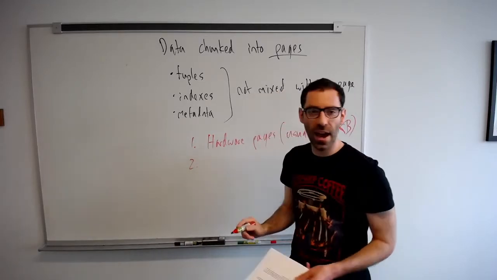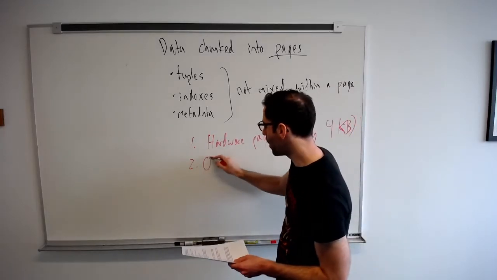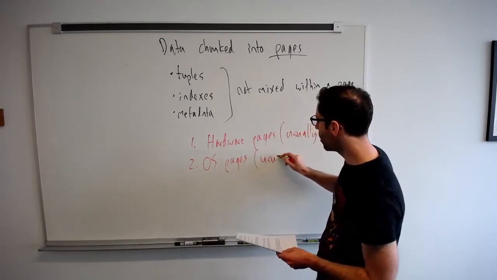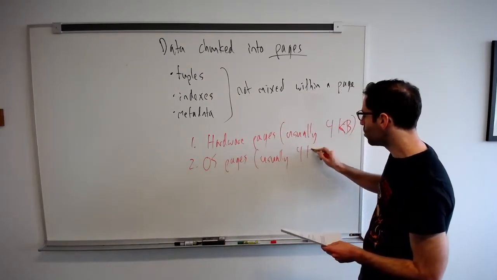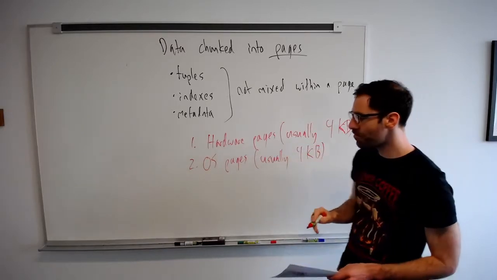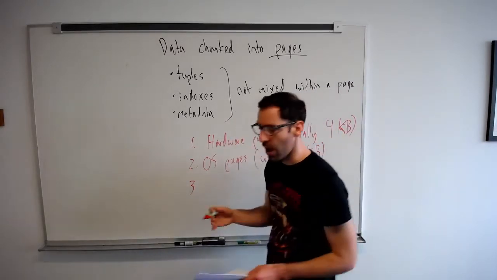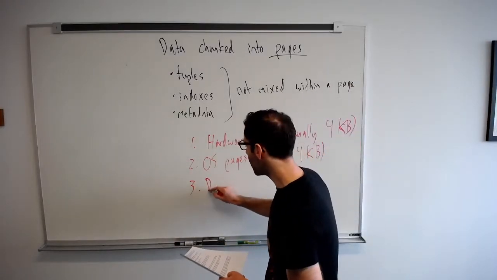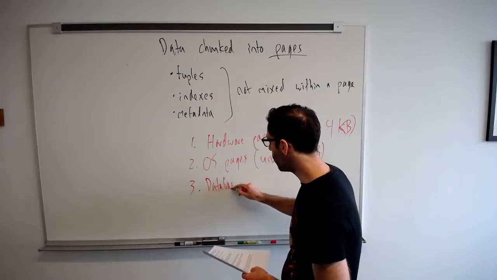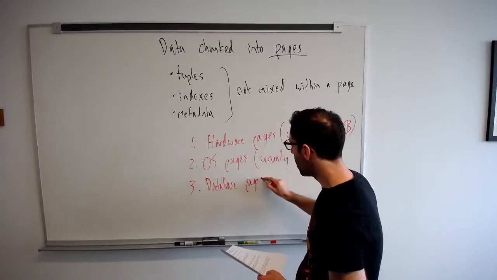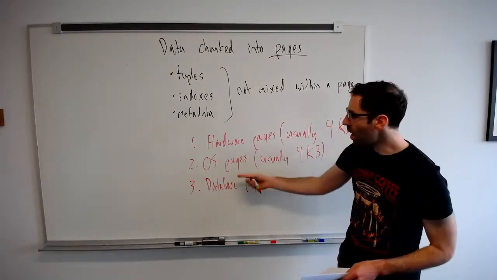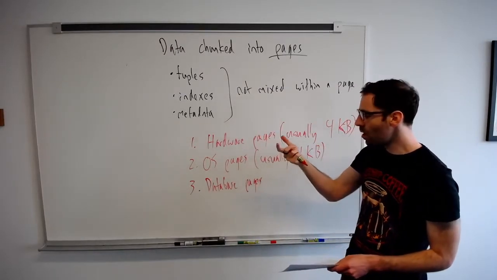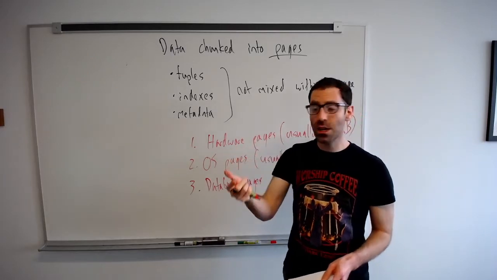We'll also have the operating system, which will have its pages, also usually 4 kilobytes, and then the province of the database system will have its own pages that it's working with. So the operating system will have pages that are the chunks of memory that it is managing.